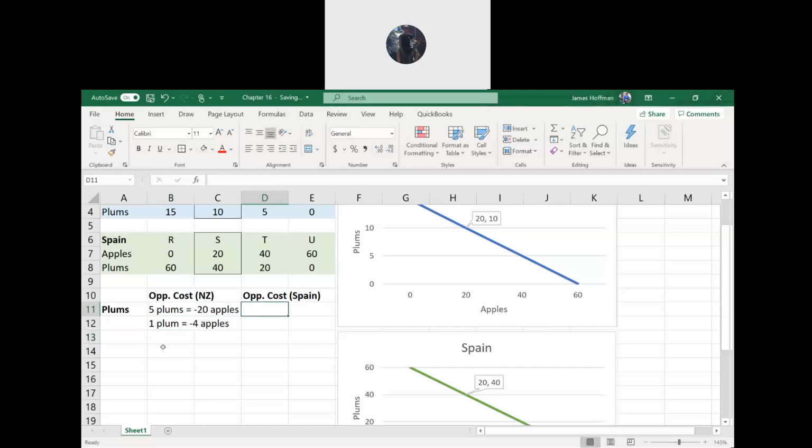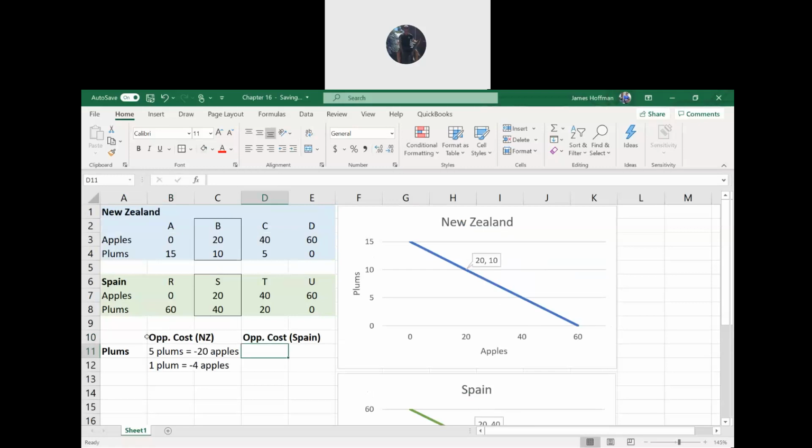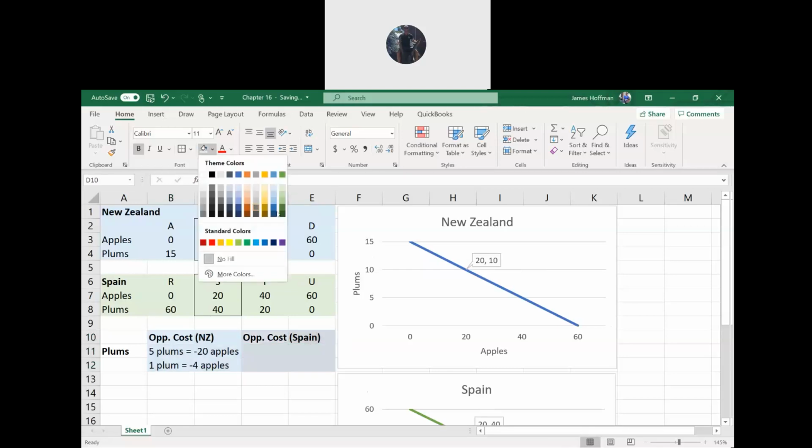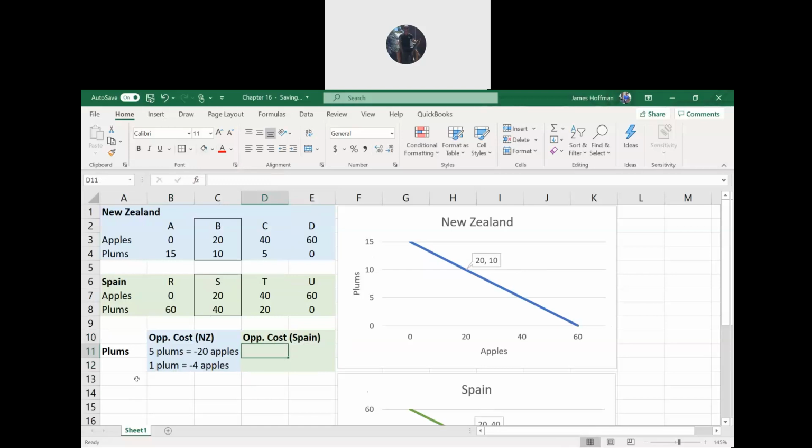Okay. All right. So let's do the same analysis for Spain for plums. Every time, you can probably see that it's 1 for 1 for apples and plums for Spain.